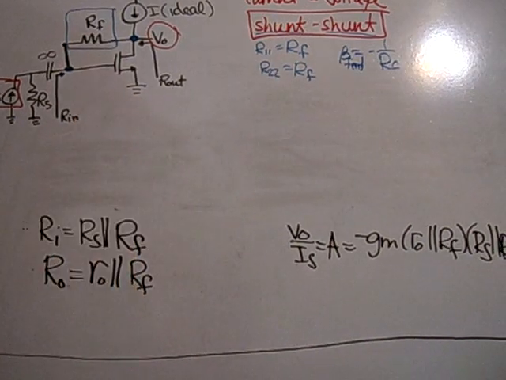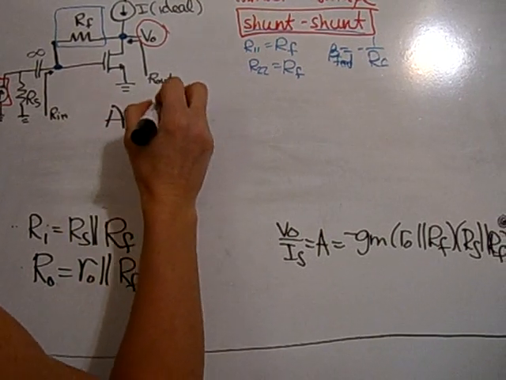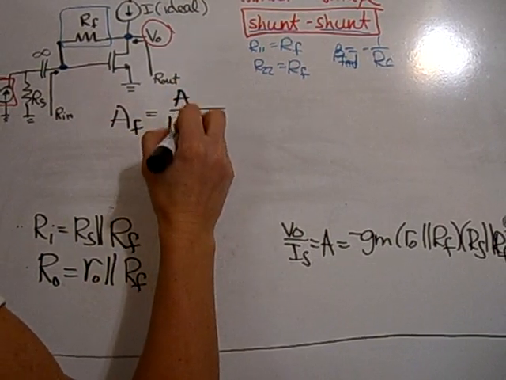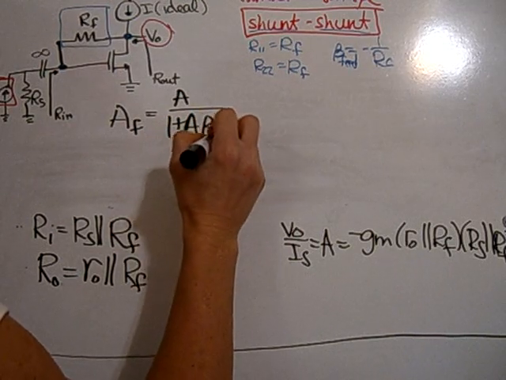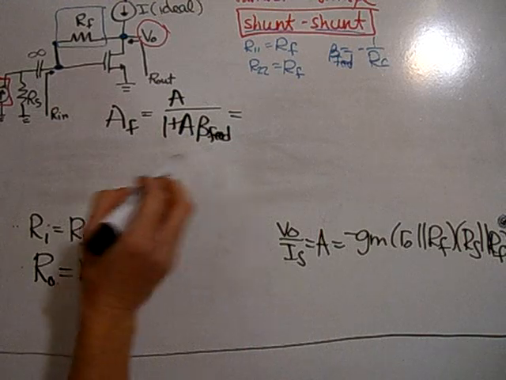So AF is going to be A over 1 plus A beta feed, which is the feedback value, minus 1 over RF.